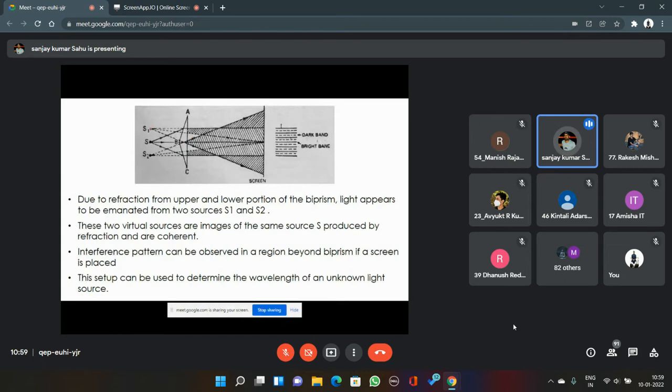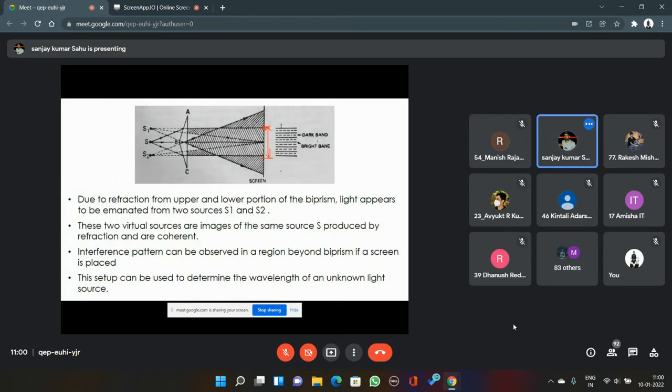There is an overlapping area between these two beams, one coming from S1 like this, and one coming from S2, and in this overlapping area they will interfere. Depending upon the phase difference between the two beams, they will interfere either constructively or destructively, and you will get an alternate bright and dark fringe pattern.